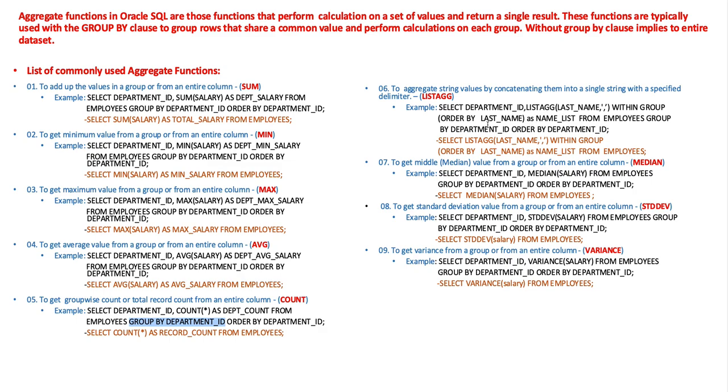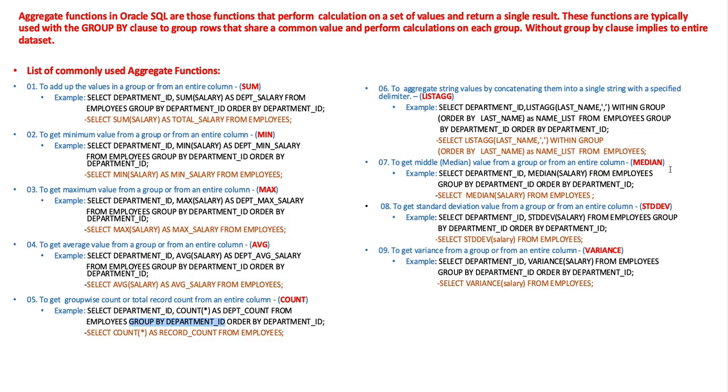Suppose I am going to get the list of last names separated by comma, and I am going to take those values by department ID first. That means using a GROUP BY clause. And the second one is without using a GROUP BY clause. I will run this code in our Oracle Developer window and observe the result.